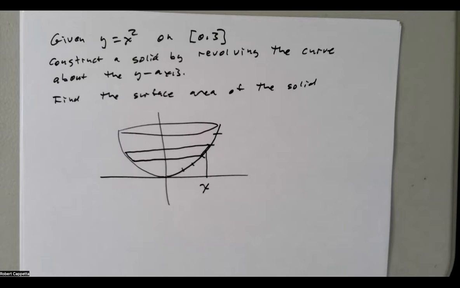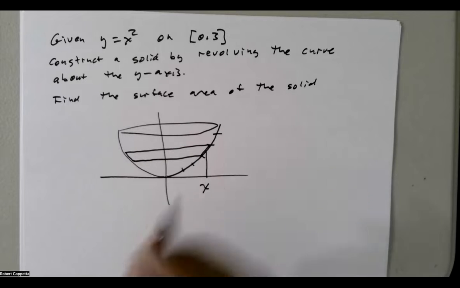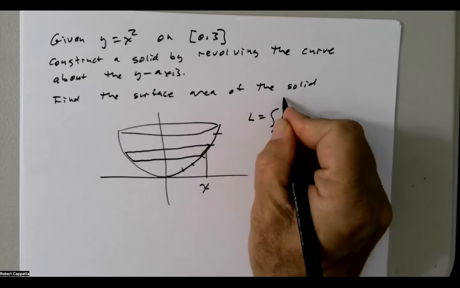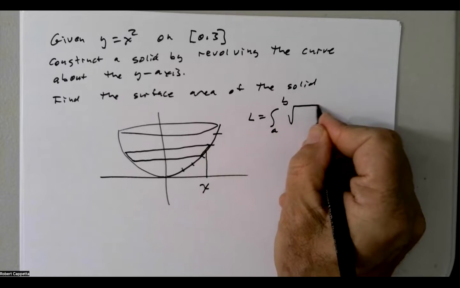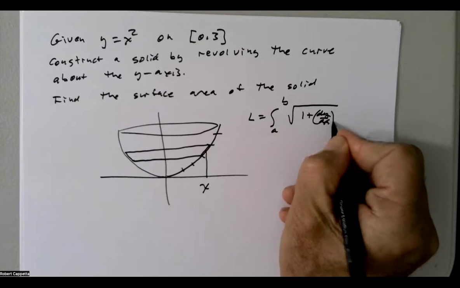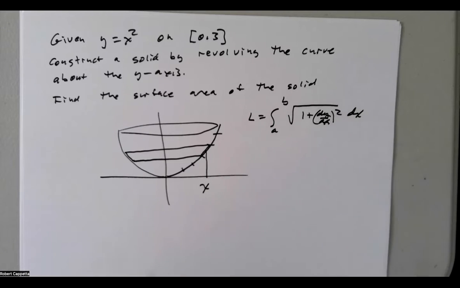And we need to do what? We need to get the arc length. So we know what our arc length formula is, right? Arc length is the integral from a to b of the square root of 1 plus dy/dx squared dx. We know that.